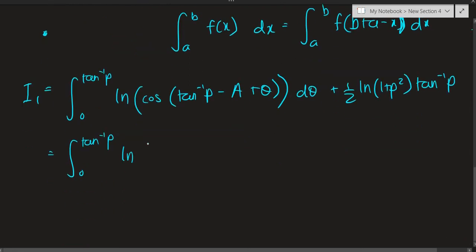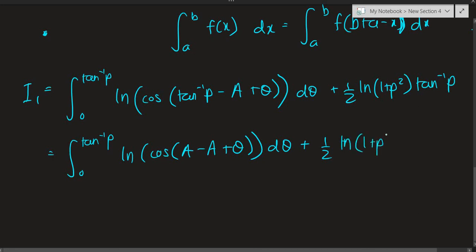So we have the natural log of cosine of inverse tangent of p is nothing but a minus a plus theta d theta plus half of the natural log of 1 plus p squared times the inverse tangent of p.